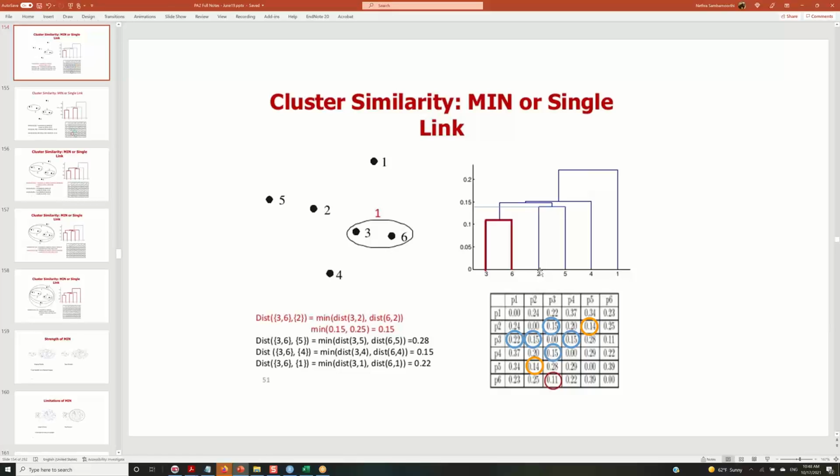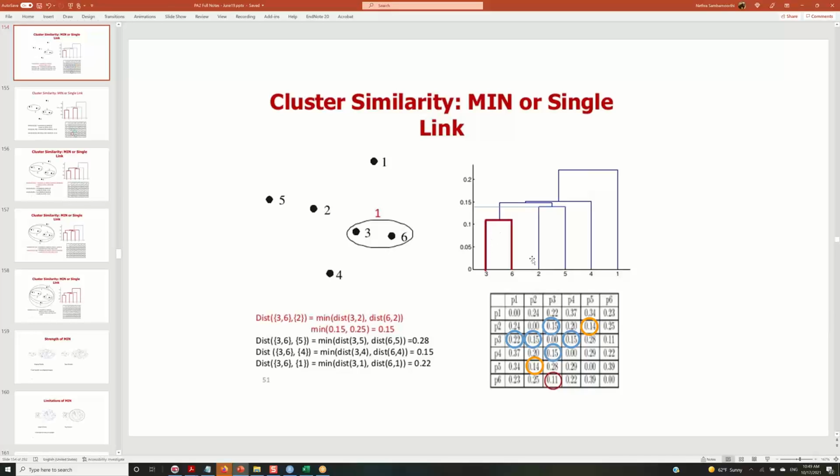The next point is, what is the point I have to connect? So I keep increasing the distance slowly, and that means I'm looking for the next minimum. By the time I come to 0.14, these are getting together because they are neighbors. So they get connected, and then I keep increasing the distance. Next is 0.15.